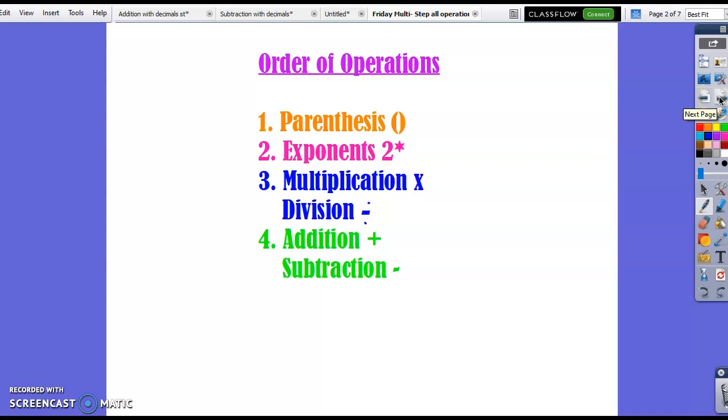So today we are going to be analyzing some word problems and using our order of operations strategies, everything that we've learned to build expressions and then create equations to solve for the final answer.